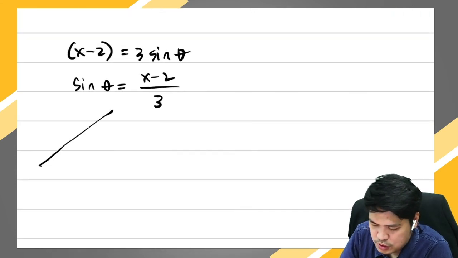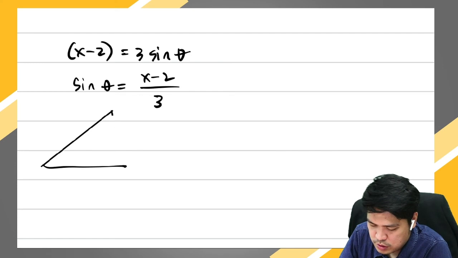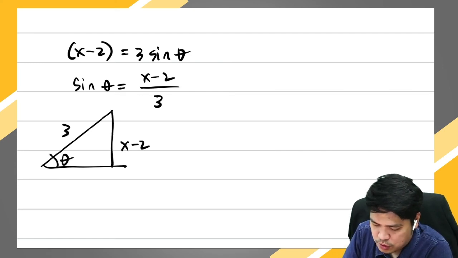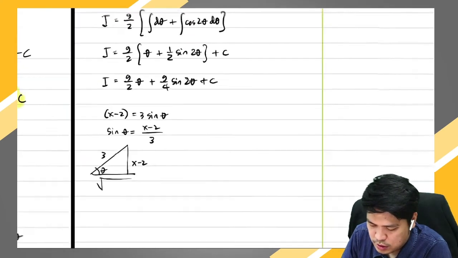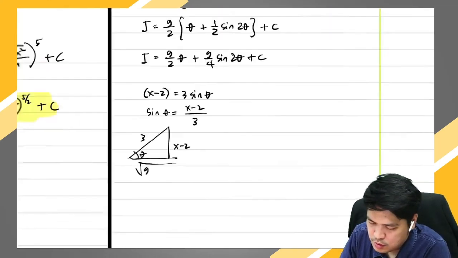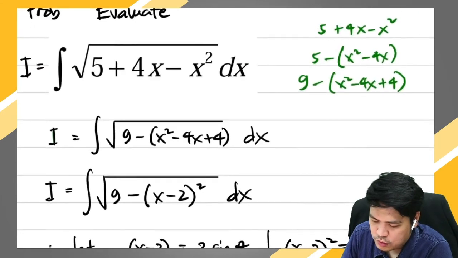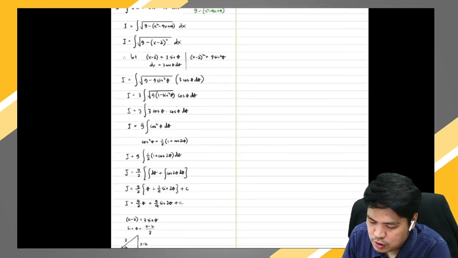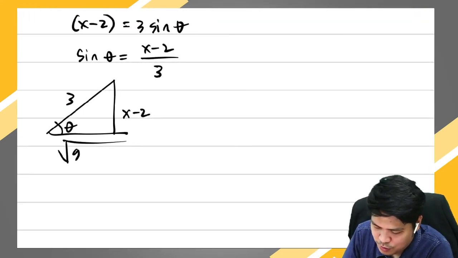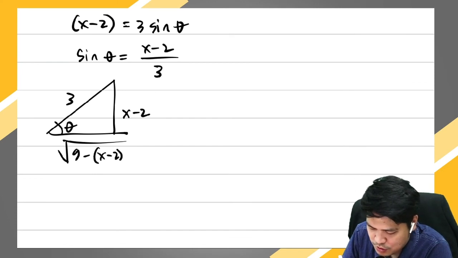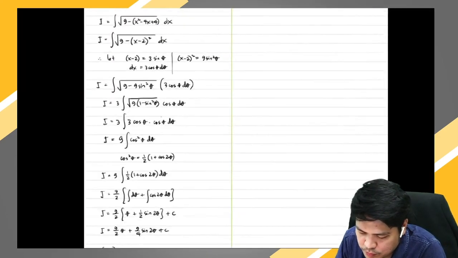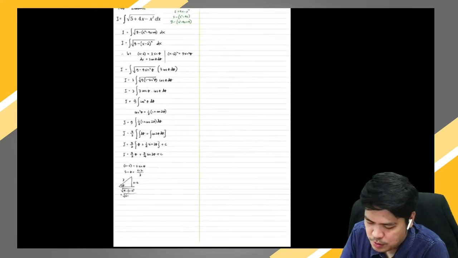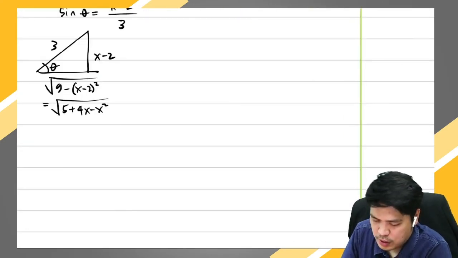So if we reconstruct the triangle, we have this opposite over hypotenuse. So the other side, that would be yung kanina na 9 minus x minus 2 squared. Ano yung original form niya? Ito, 4x, 5. Or we could rewrite this as the square root of 5 plus 4x minus x squared. Pwedeng ganyan.